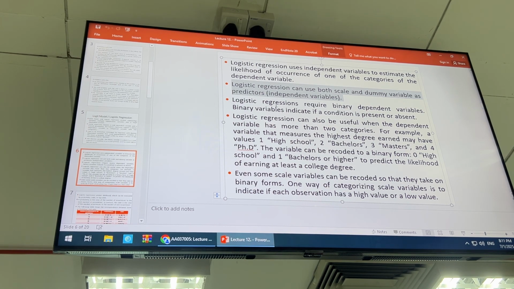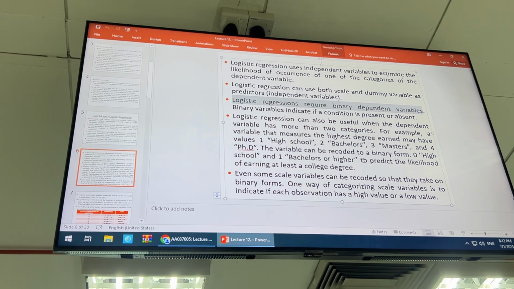So logistic regression requires a binary dependent variable. It has only two values, 0 and 1, for the dependent variable. A binary variable indicates if a condition is present or absent. Logistic regression can also be useful when the dependent variable has more than two categories. For example, a variable that records the highest degree earned may have value 1 for high school, 2 bachelors, 3 masters, and 4 PhD.